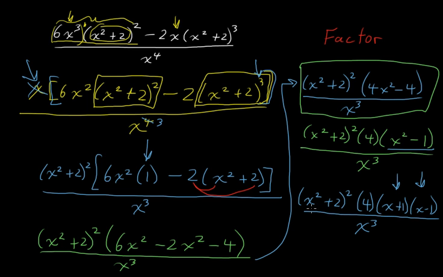So in the end, we have x squared plus 2 quantity squared times 4 times the quantity x plus 1 times the quantity x minus 1, still all over x to the third. So we only got to cancel one x out. After all of that, we only canceled out one x, but that is a simplified form of this initial rational expression. I hope that helps.